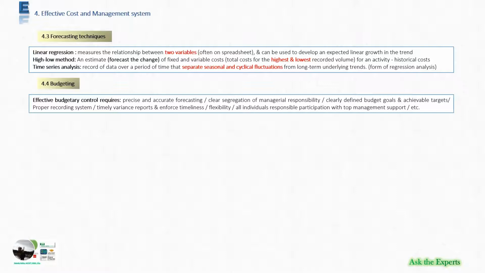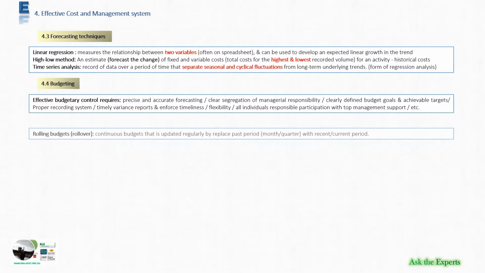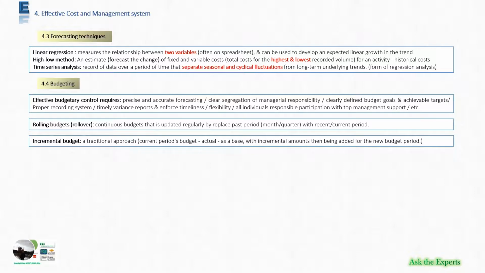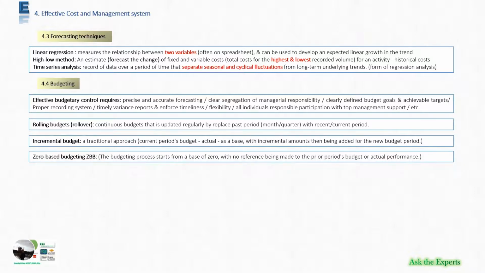The effective budgetary control requires precise and accurate forecasting, clear segregation of managerial responsibility, proper recording system, timely variance reports and enforce timeliness, and so on. The common approaches to budgeting and forecasting are rolling budget or rollover, incremental budget, zero-based budget and activity-based budget.